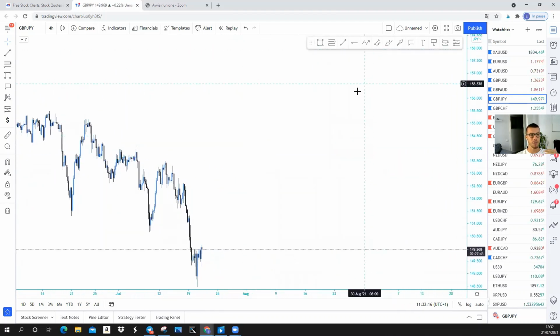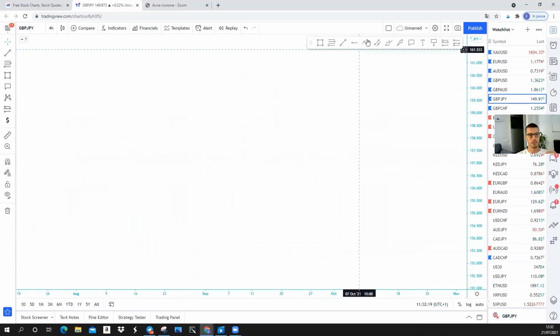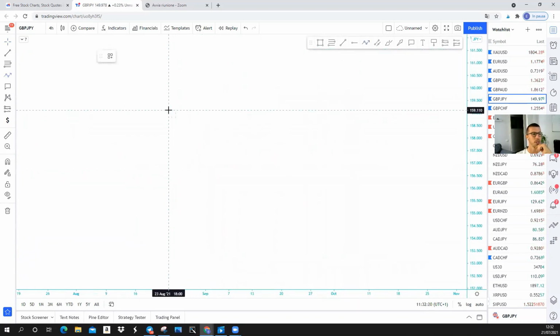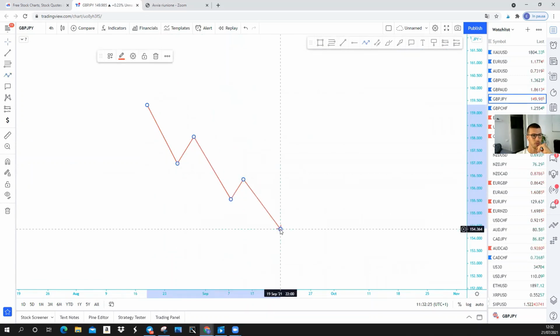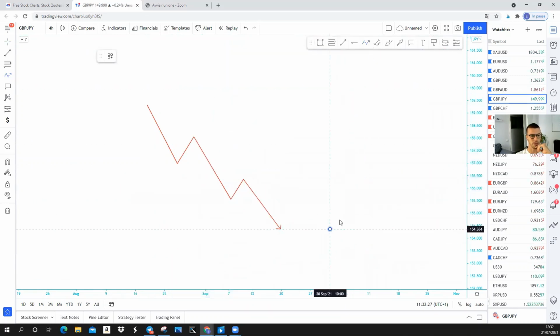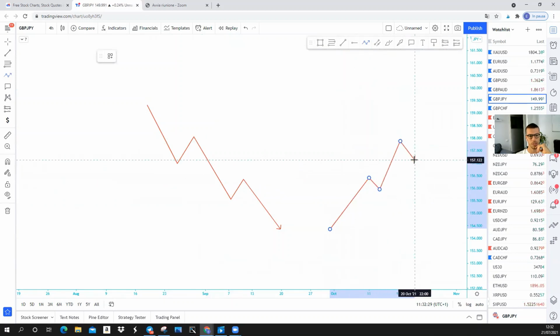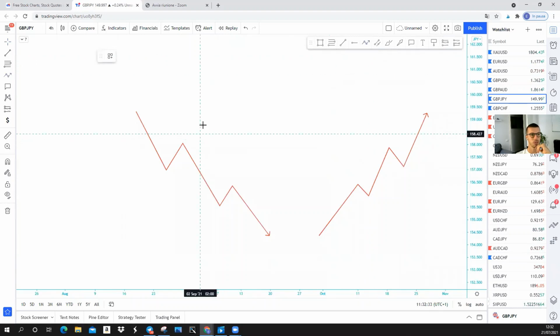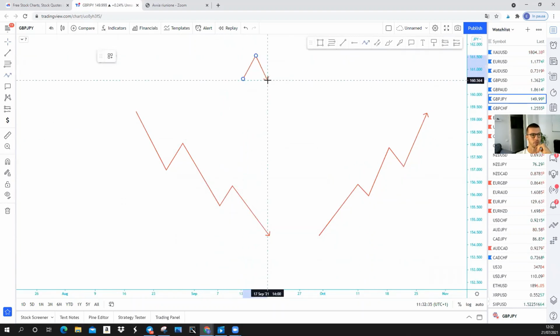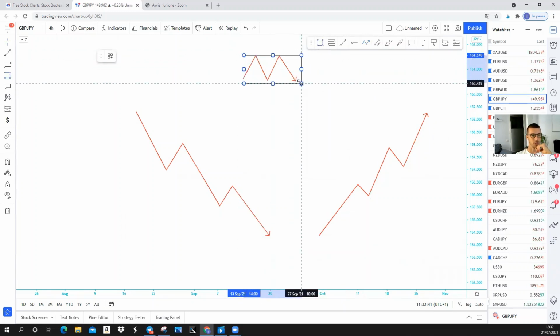Let's start by understanding market structure. As you know, we are either trending to the downside, trending to the upside, which is very basic stuff, or consolidating. Now, we don't want to trade consolidations, at least I don't.